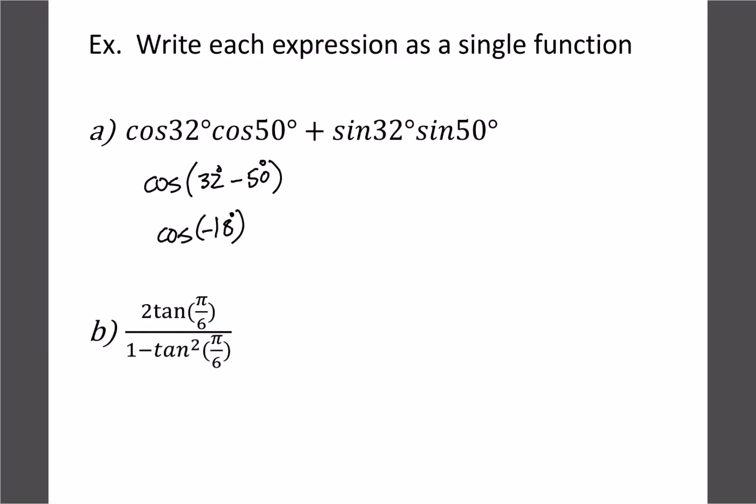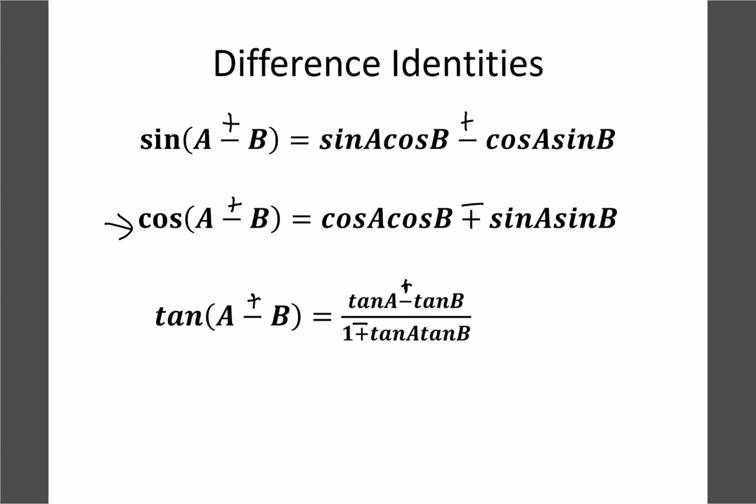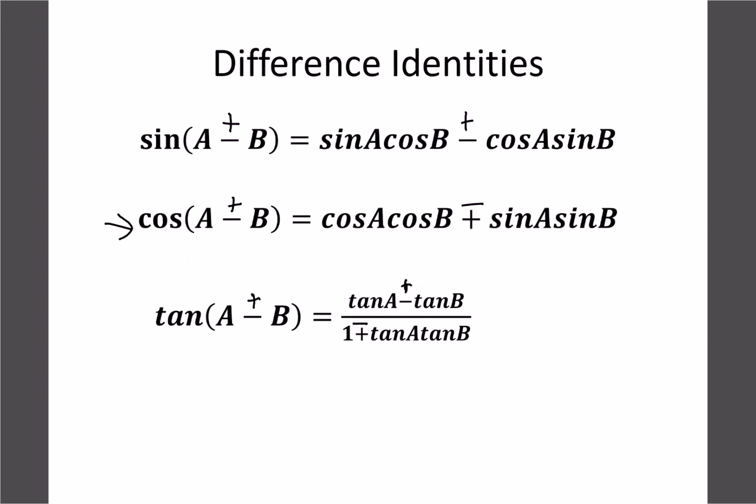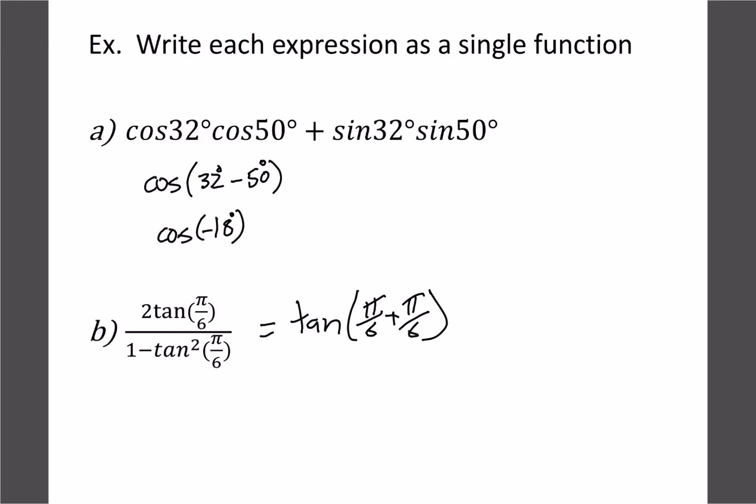So let's simplify that. That would give us tan of pi by 6 plus pi by 6. That gave us tan plus tan on the top, which is 2 tan, and then 1 minus tan squared, which is exactly what the question is.